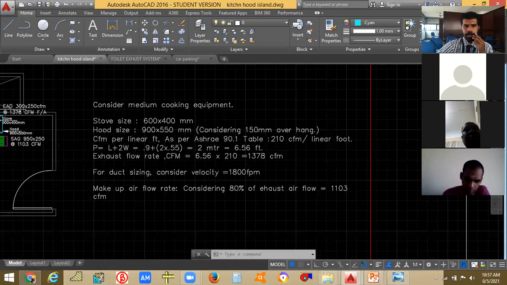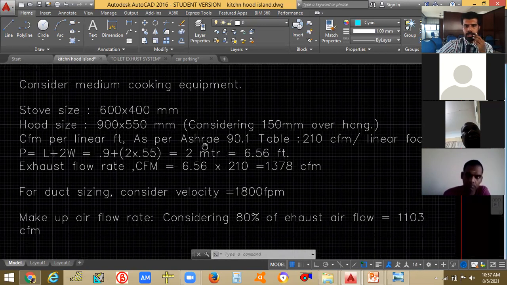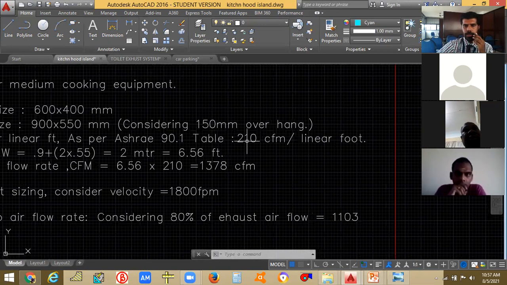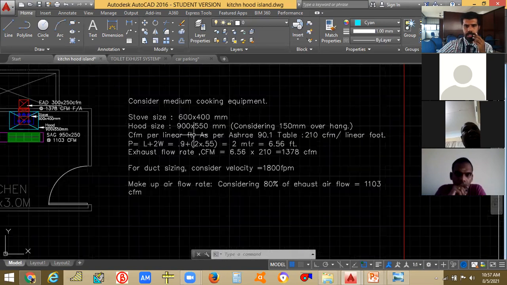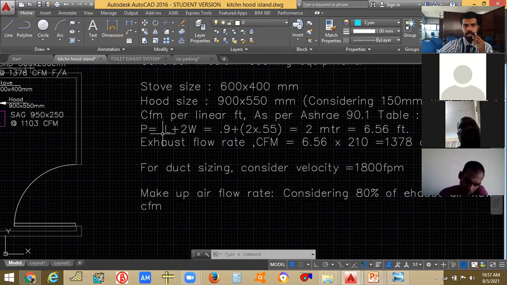CFM per linear foot as per the ASHRAE 90.1 table: 210 CFM per linear foot. I have taken the minimum flow. Okay. So this is the formula we have already known. P is equal to L plus 2W.